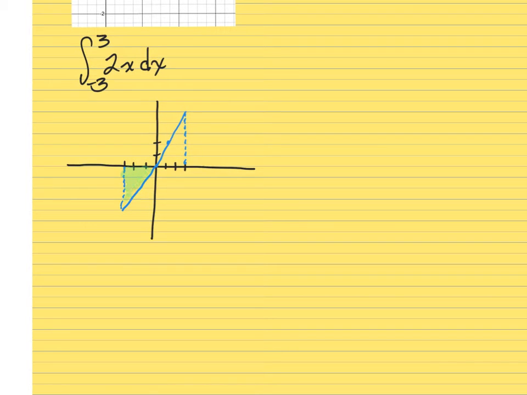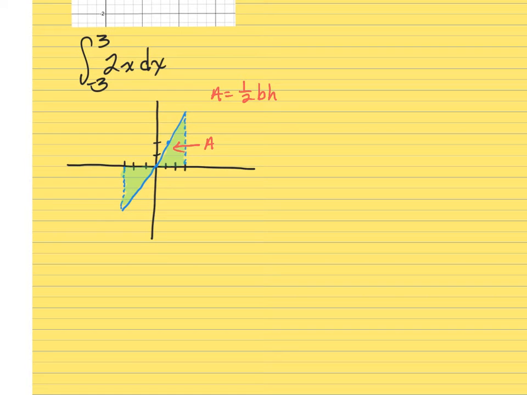Now, here's the thing you have to understand in this approach, when I evaluate this limit. Let's do it first, and then I'll talk about it. We've got two triangles, right? So let's do this triangle first. The area of a triangle is 1/2 base times height.